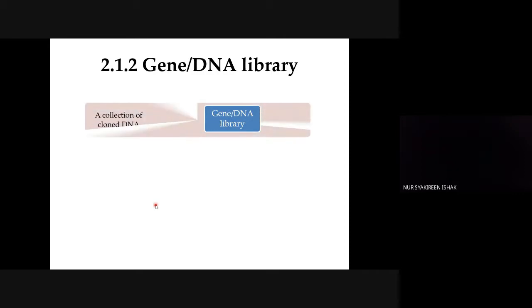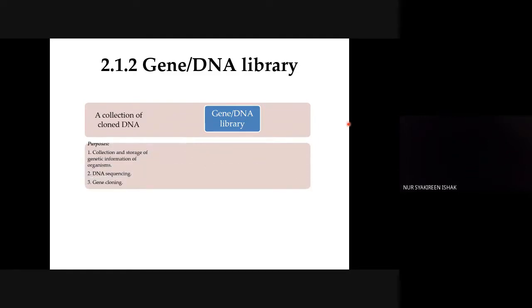Okay, so now we are going to proceed with gene or DNA library. So a gene or DNA library is a collection of clone DNA. So kalau untuk DNA library, okay, so you have a large quantity of DNA in a human genome, for example. So you get the restriction enzyme to cut the genome of human DNA into DNA fragments.